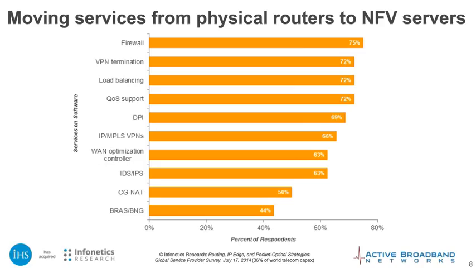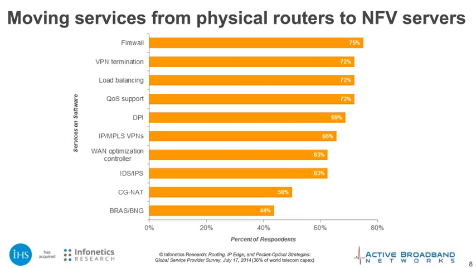And here are the statistics from a major study that we did last year of router departments at carriers around the world. This is the actual list of functions that they plan to move off of physical routers onto NFV servers. If you look at the percentages, over time 75% of the carriers are planning to move firewall off onto servers.